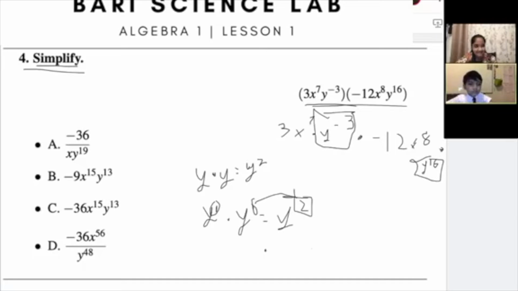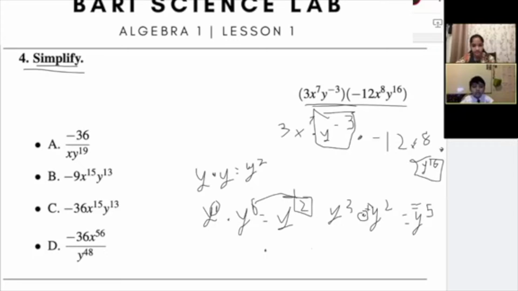So now I'm going to give you a harder question. Let's review. What is y to the third power times y to the second power? y to the power of 5. Good. y to the fifth power, because 3 plus 2 is 5. Multiplication is like addition for exponents.